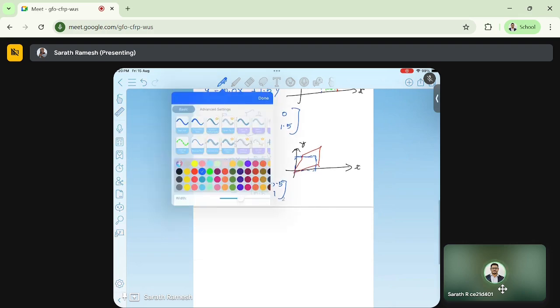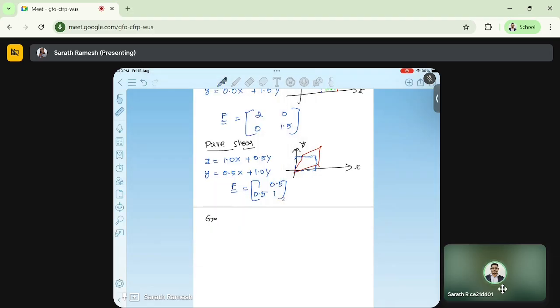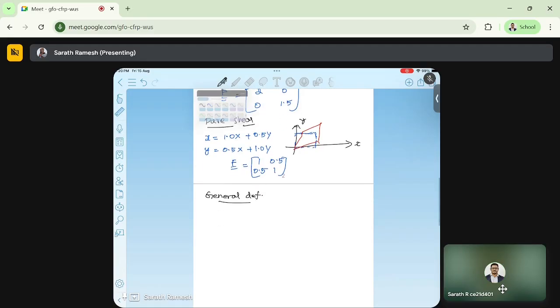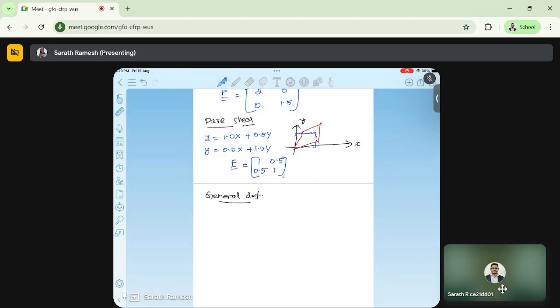And also we can have a general deformation case. There is now not only stretching, not only shear, it's combined.